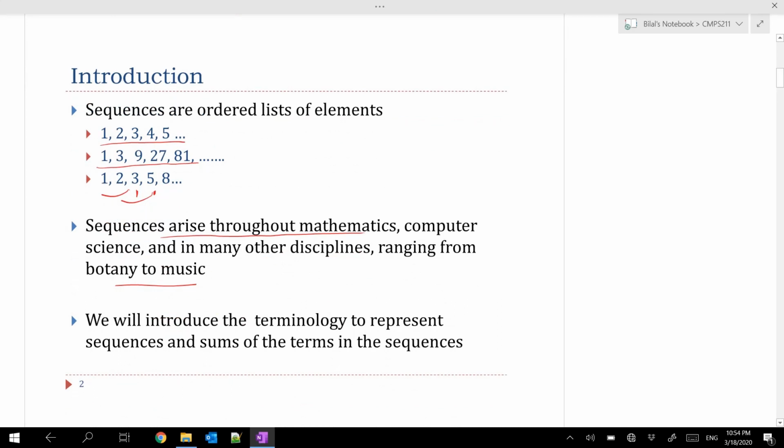In this course particularly, we are interested quite soon in using those sequences to denote the number of instructions being executed at regular intervals, typically in iterative loops or in recursive functions.